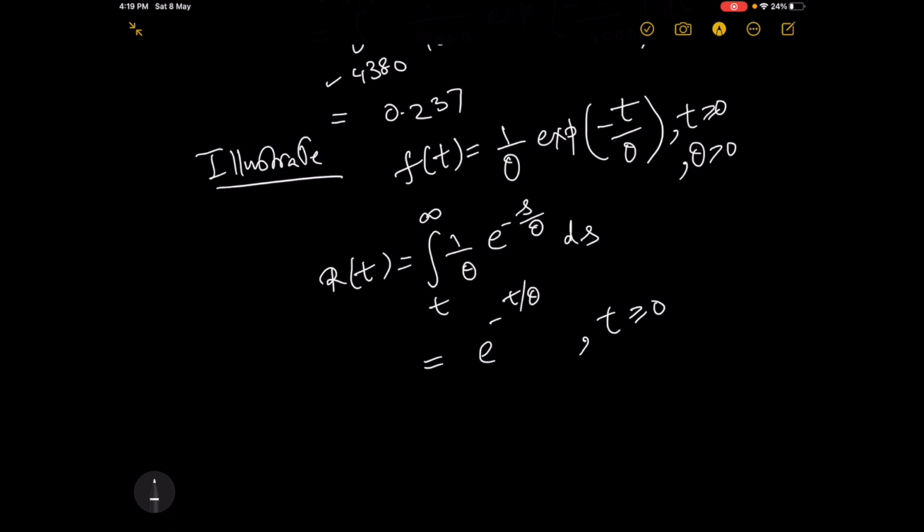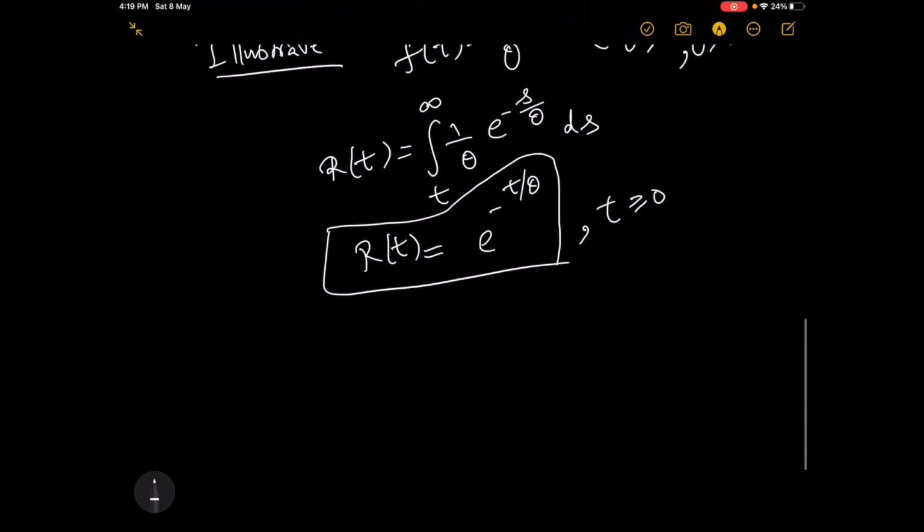So for an exponential distribution of this form, we will always have a fixed expression for the reliability function.